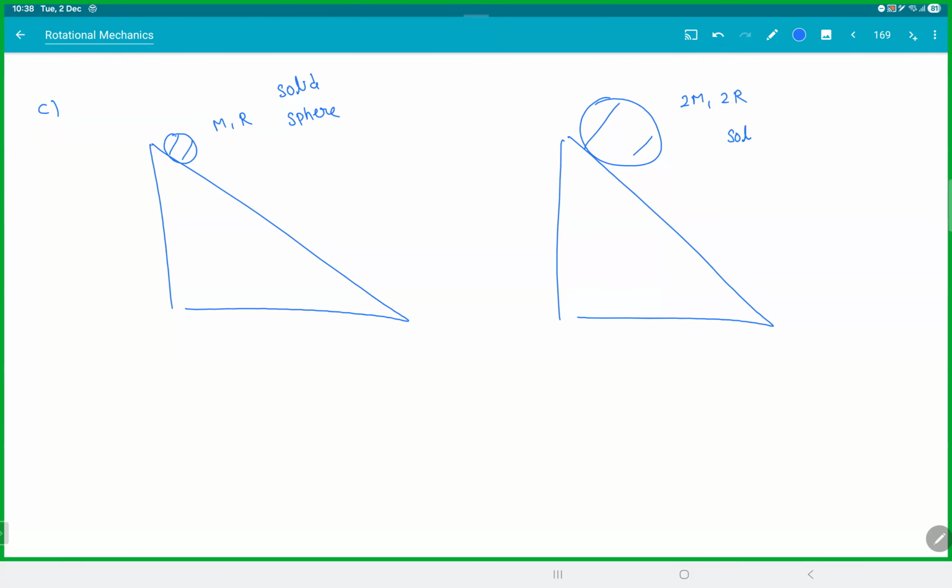Two different solid spheres. Who will reach first? No slipping. Everything is same, just that one is a big ball and one is a small one. Who reaches the ground first?